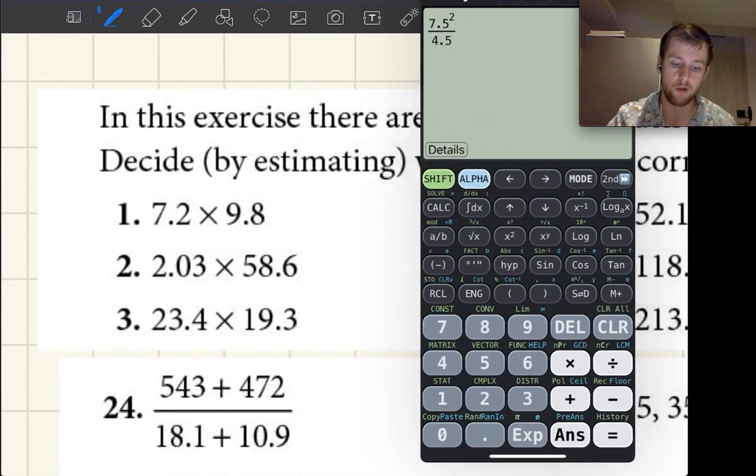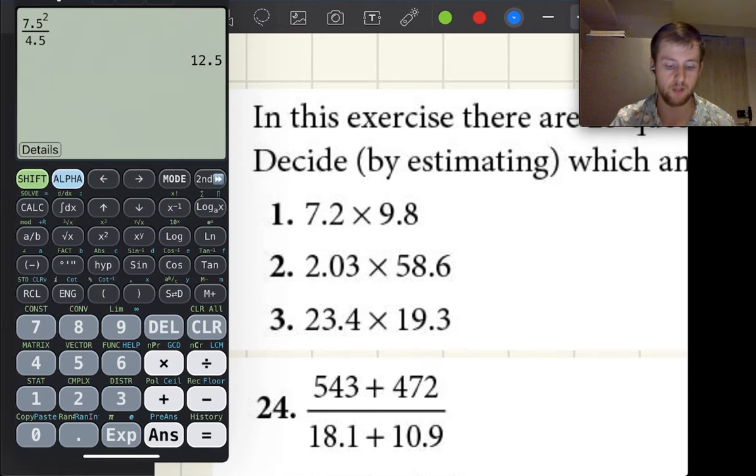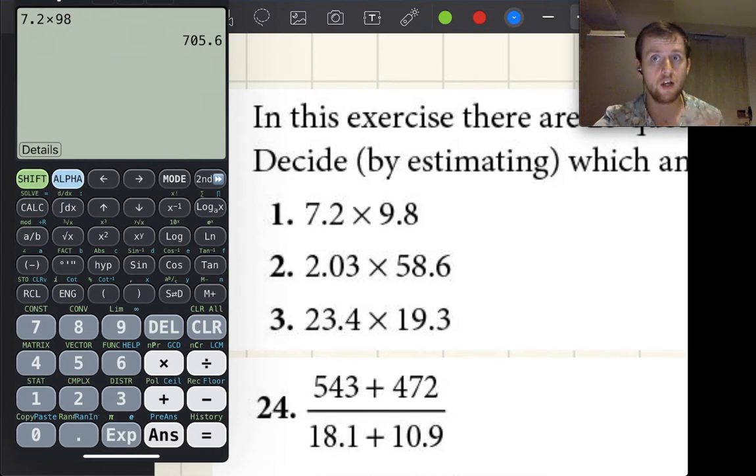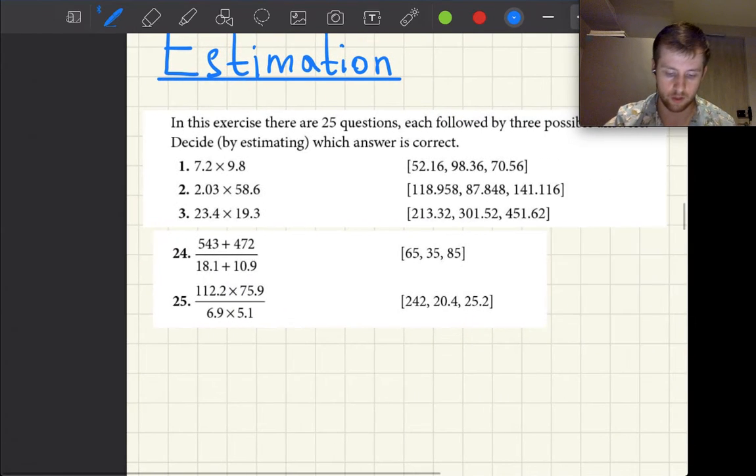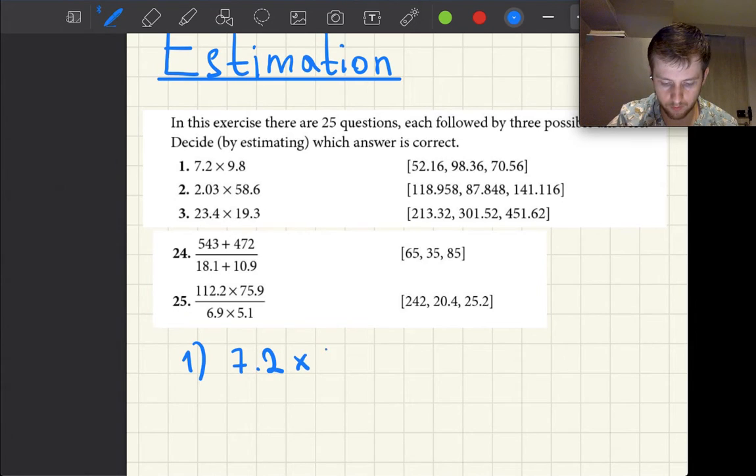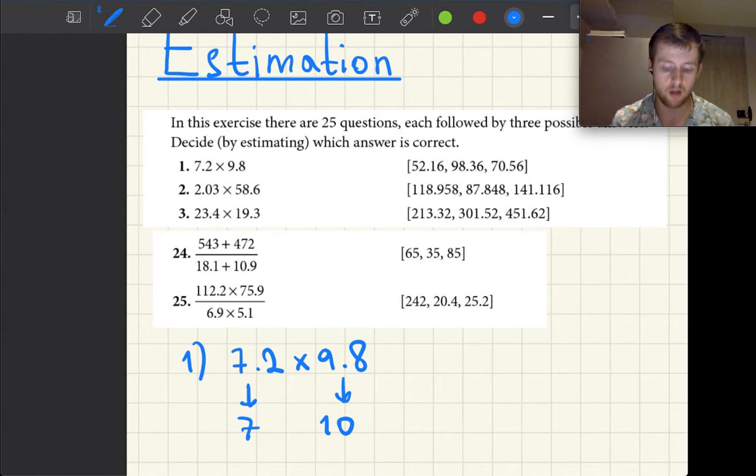Let's imagine this scenario: I want to do 7.2 times 9.8, and let's say I forgot to put the point, so I do 72 times 98. The answer I get is 700, and at this point, if you're good at estimation, you should think, wait, this is not what I'm supposed to get. 7.2 can be rounded to 7, and 9.8 can be rounded to 10 when you round to the nearest whole number, and it should be 70.